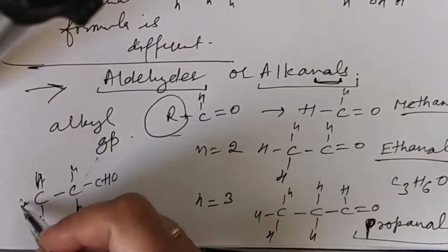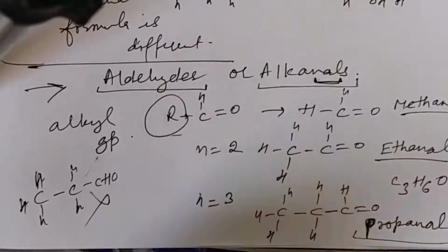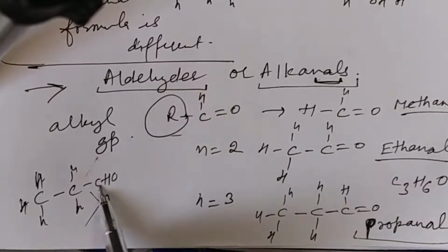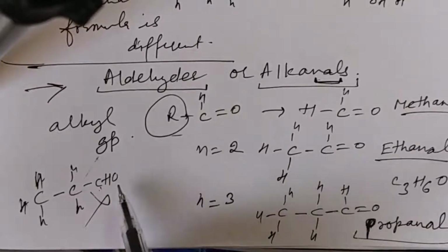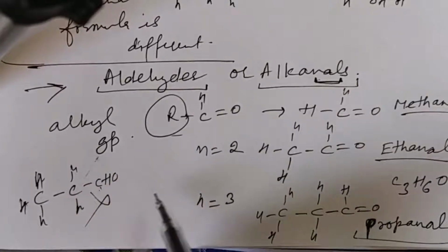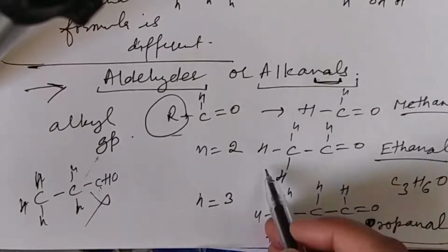Is it a correct structure? No, it is not the correct structure. You can't write like this because CHO itself starts from the carbon atom. You cannot add it after the 2 carbons. It should be included in the 2 carbon atom chain. So the structure would be like this.